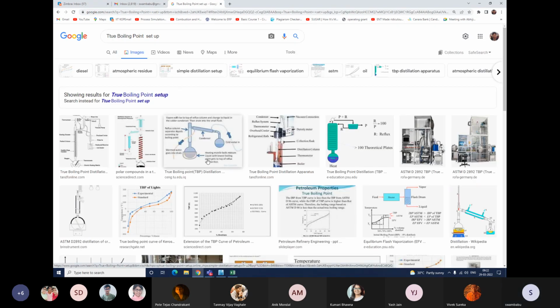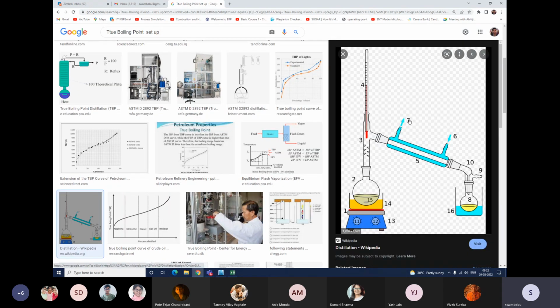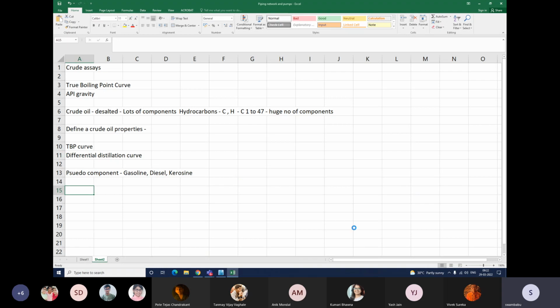This is what you have seen in simple batch distillation. We have done it in our mass transfer lab recently, right? You all have done the mass transfer lab recently. So this seems to be a good image.